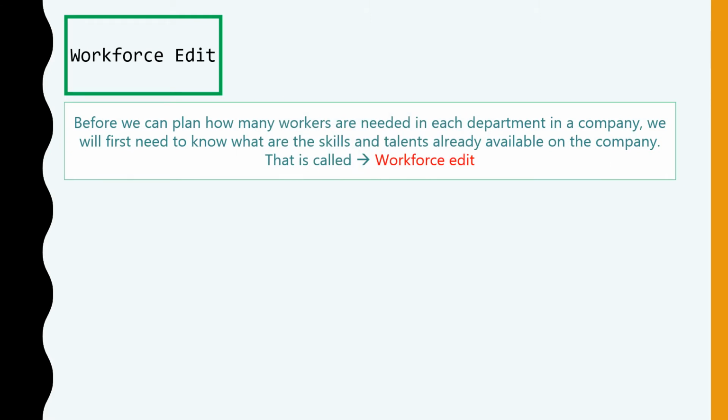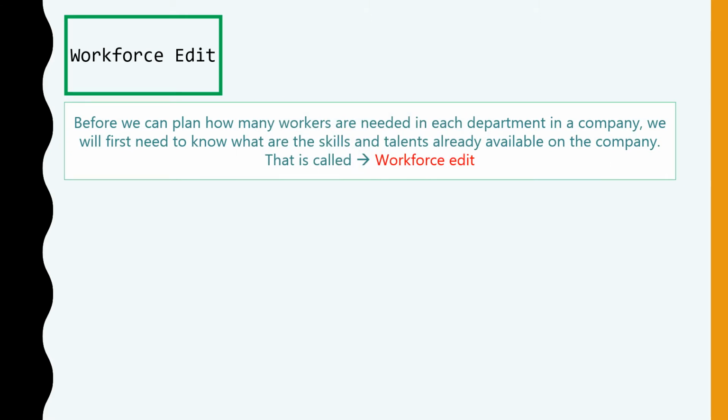Now let's look at the process involved in determining the number of headcounts required for a company, or what a workforce planner does. Before they begin determining the number, they would first perform a workforce audit. So what does a workforce audit mean?